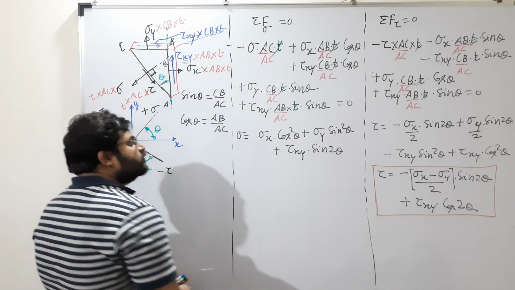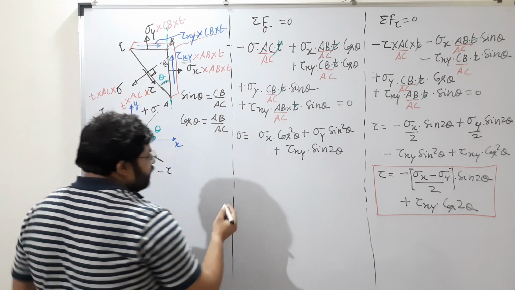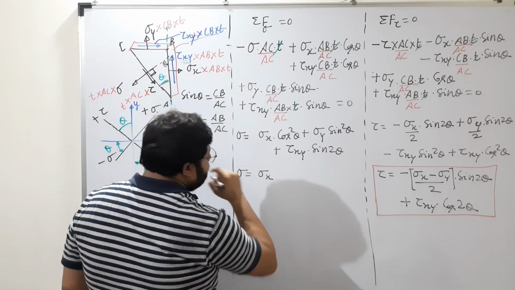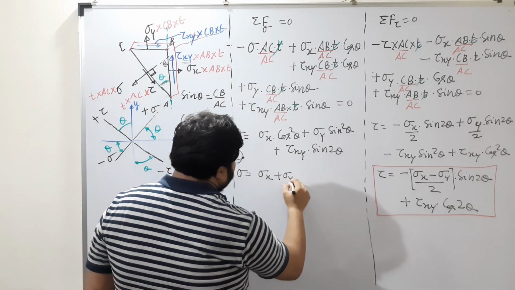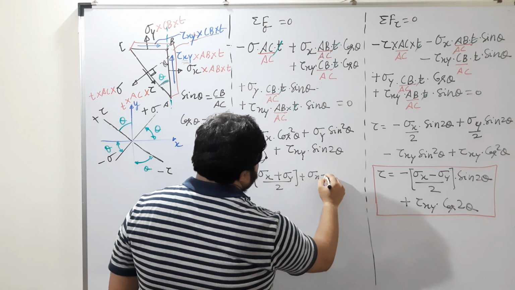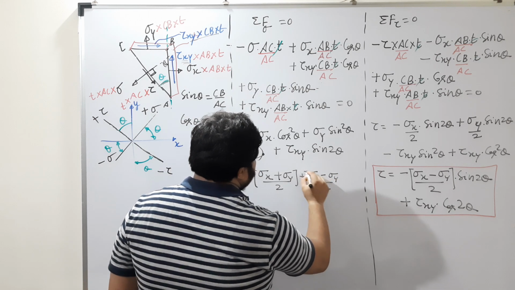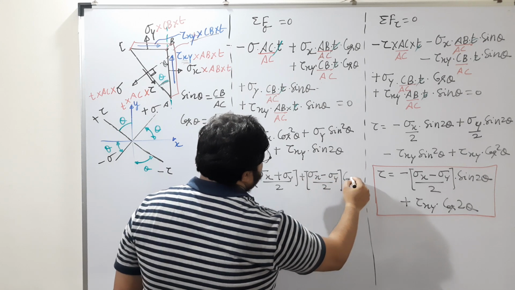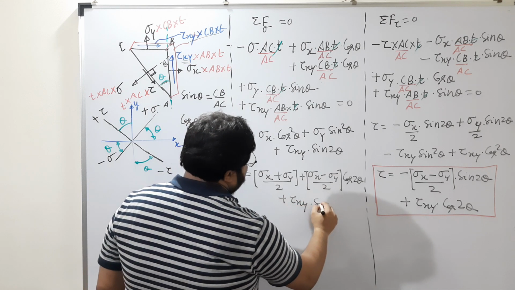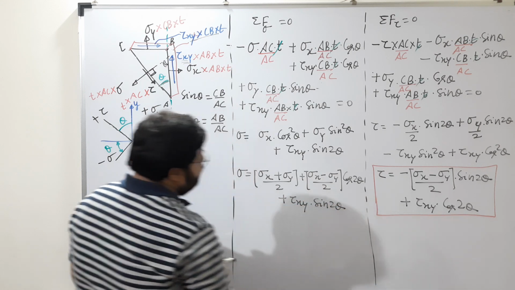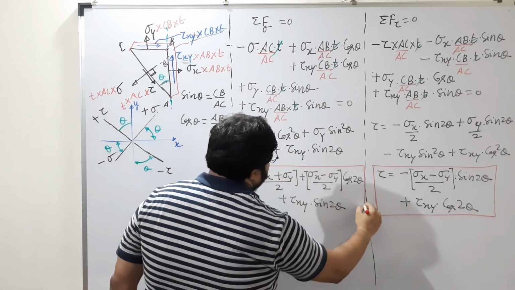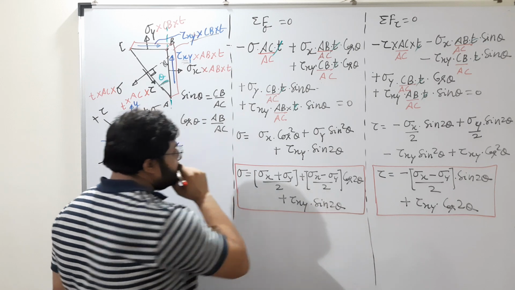So once you put those equations here, you will come to know that sigma is equal to sigma x plus sigma y by 2 plus sigma x minus sigma y by 2 into cos 2 theta, and then plus tau xy sine 2 theta. So this is the equation which we are getting for our sigma, right?